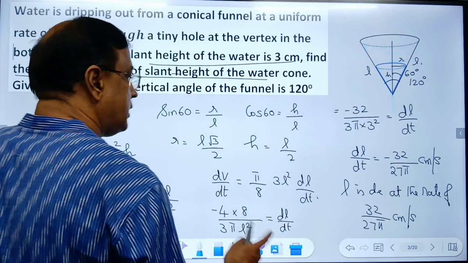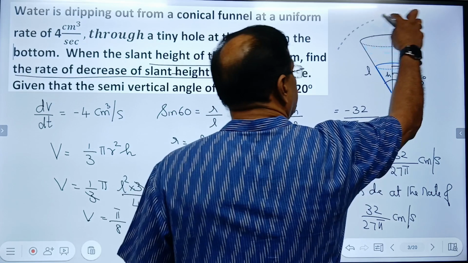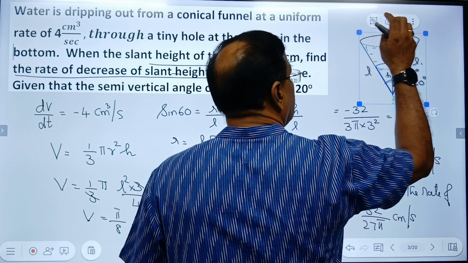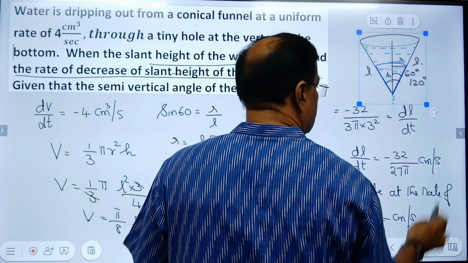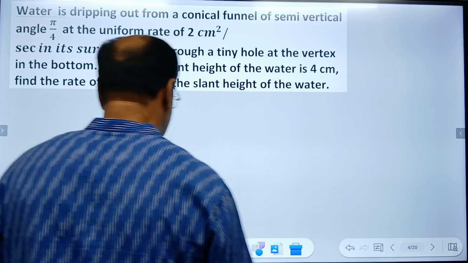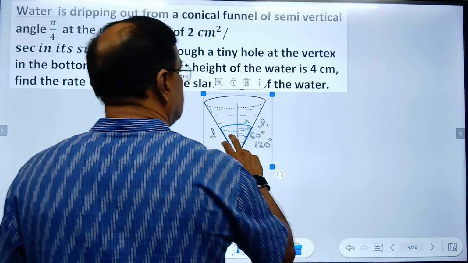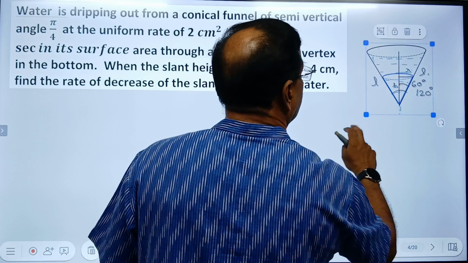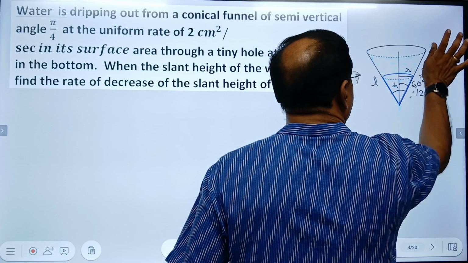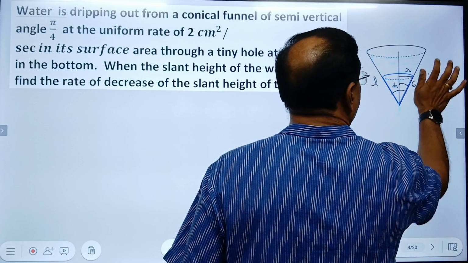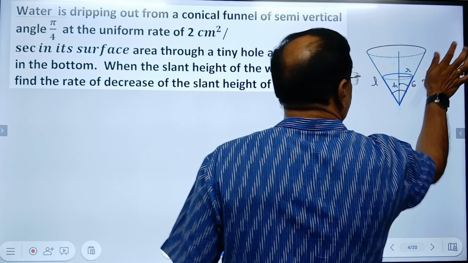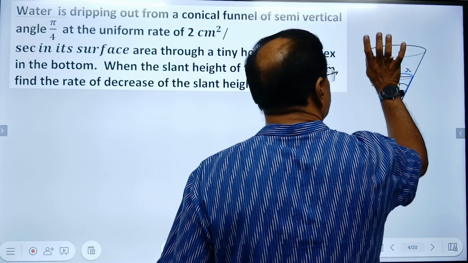Now let's go back to this problem. I'll take this diagram so that I don't have to waste my time. So I have this diagram here. Okay, so these things can be removed. This is not required, this is not required.